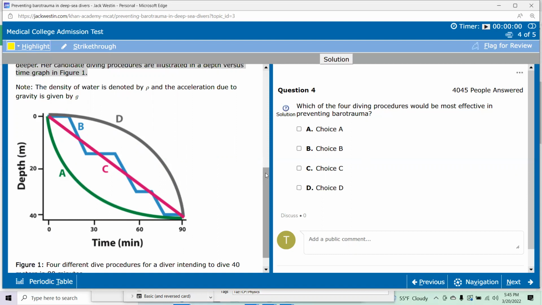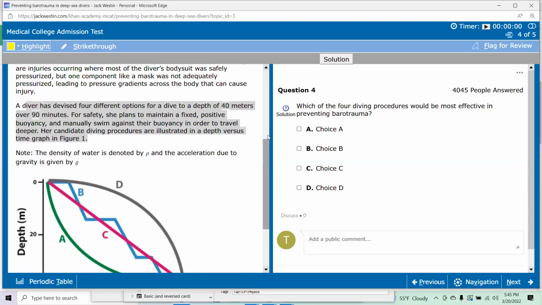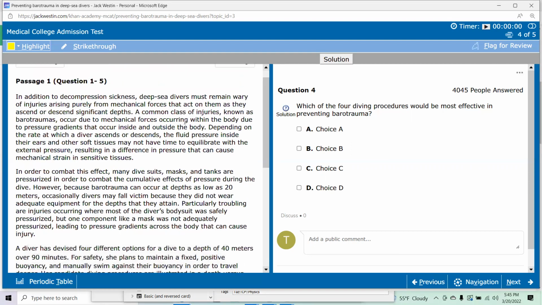So the question is, which of these 4 diving procedures would be most effective in preventing barotrauma? I don't know anything about barotrauma. I didn't learn about barotrauma. I need to read the passage and figure out what barotrauma is. So let's start. In addition to decompression sickness, deep sea divers must remain wary of injuries arising purely from mechanical forces that act on them as they ascend or descend significant depths.